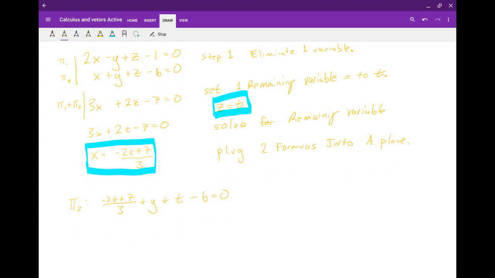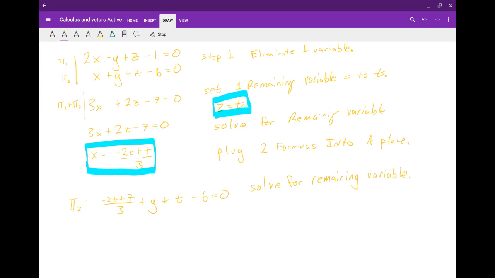And now, in the last step, you solve for the remaining variable.